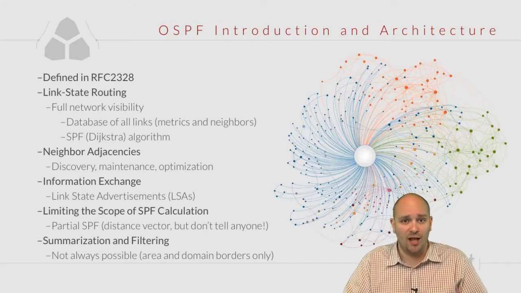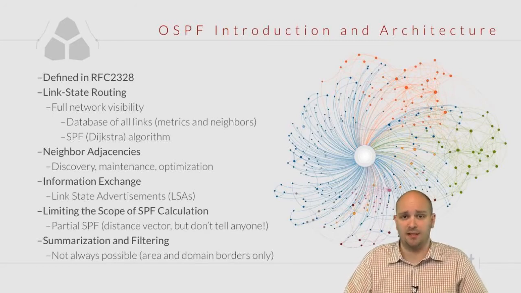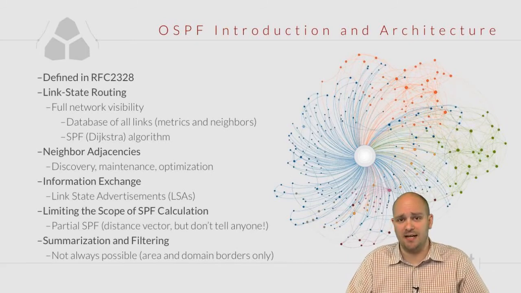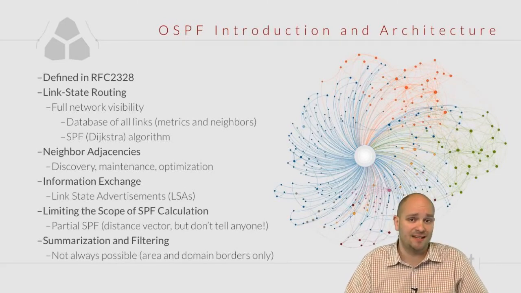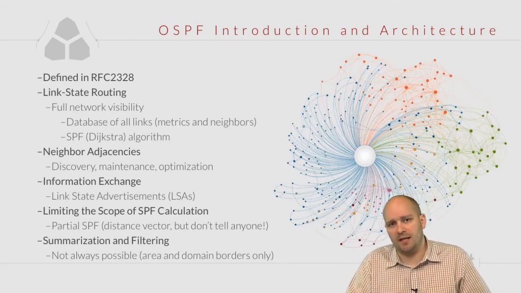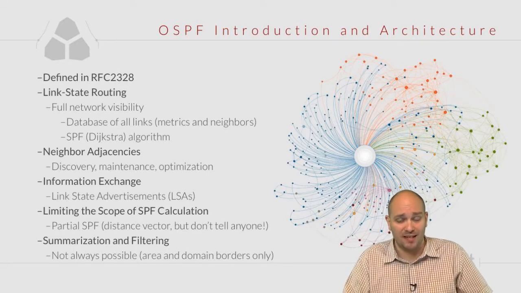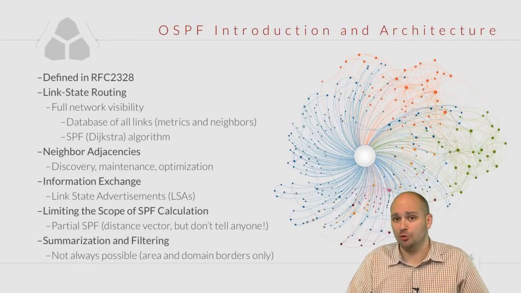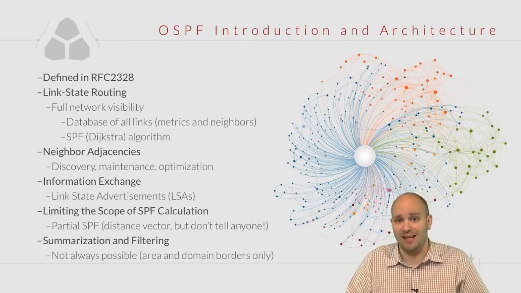The SPF algorithm, or Dijkstra algorithm, is a mathematical algorithm from graph theory, designed to find the shortest path that satisfies certain conditions, in our case the smallest metric, between two nodes in the graph without going through the same node twice.